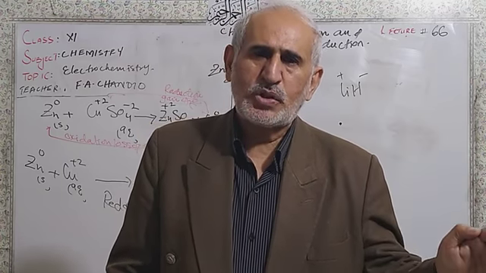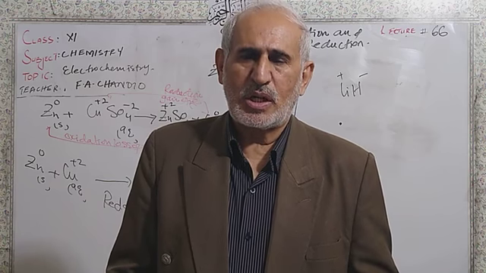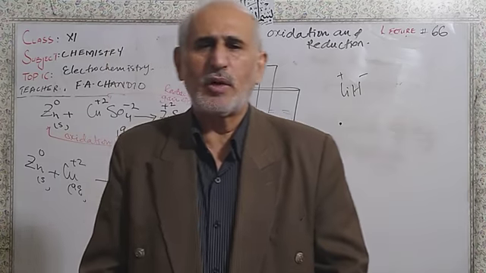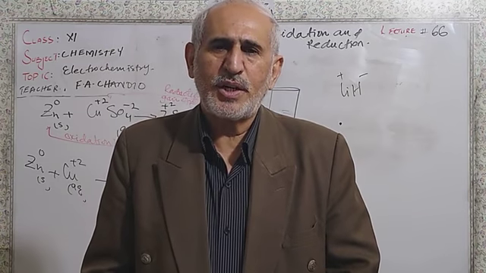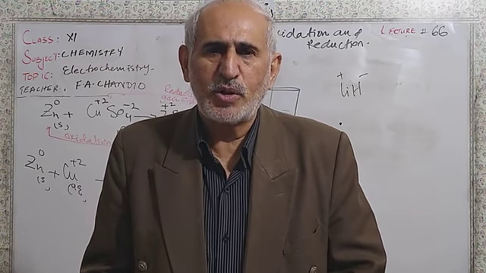In a compound, oxygen is mostly negative 2 and hydrogen mostly positive 1, but in other cases they may change. By using these, we will be able to calculate the oxidation number of the unknown element, which may vary.